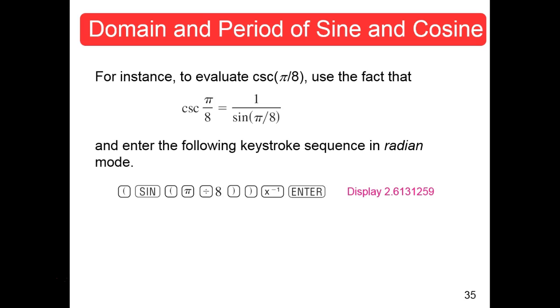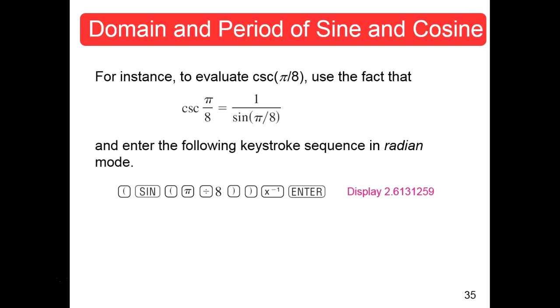Then you do pi divided by 8, using the pi key. Close this parenthesis out, then close that one out. That actually calculates it for you. Then press the reciprocal key, the 1 over x key, or the x to the -1 key. I don't even think you need to press enter; when you press that key, it gives you the answer. Is that what you get?